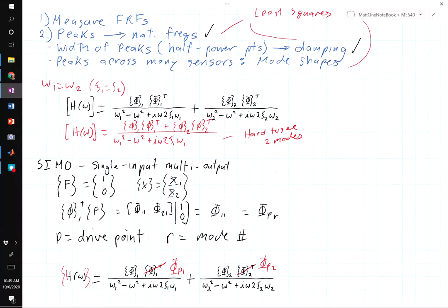Actually, I guess we saw that right here. If we have two modes equal, then we won't be able to tell that there's two modes there, right?